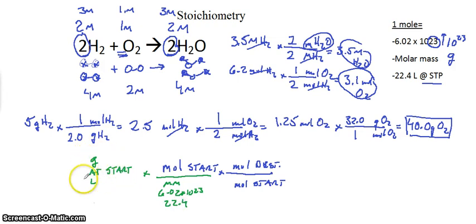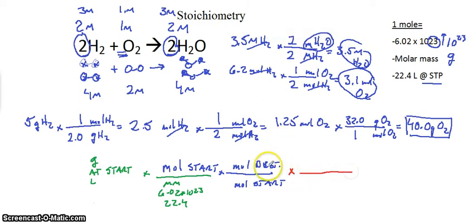So if you're given moles at the beginning, you start right at the blue. You go from moles of what you're given to moles of what you're trying to find. If you're given grams, liters, or atoms at the start, you have to divide by the molar conversion, then go to the moles of what you began with, and then go to moles of what you're trying to find at the end. Now let me use another color for my final thing, my destination.